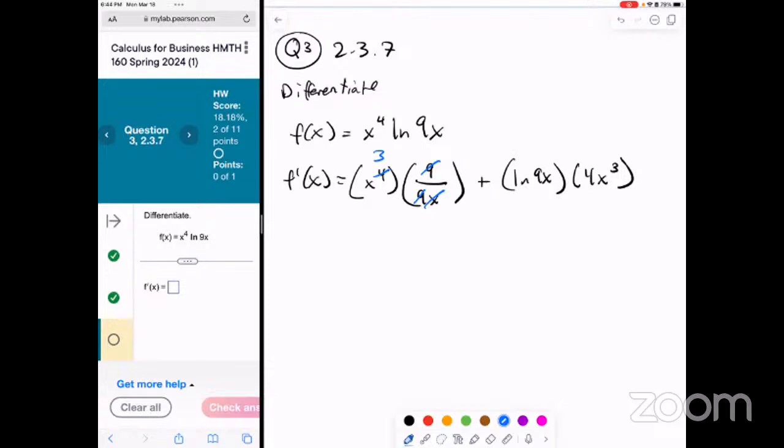So it looks like all of that's gone. We have x cubed. We could factor out the x cubed. In that first term, we're left with a 1. And the second term, we have 4 times the natural log of 9x.